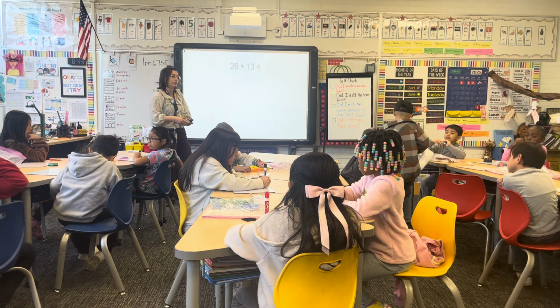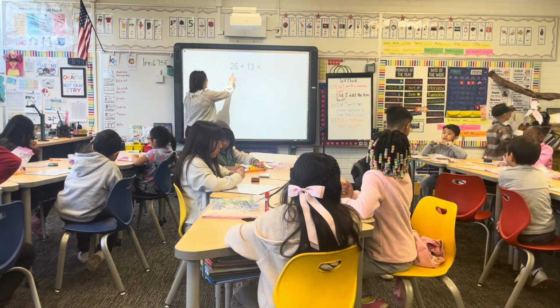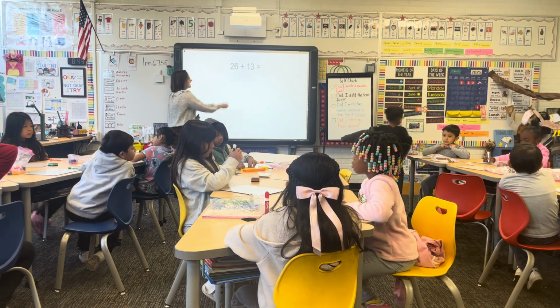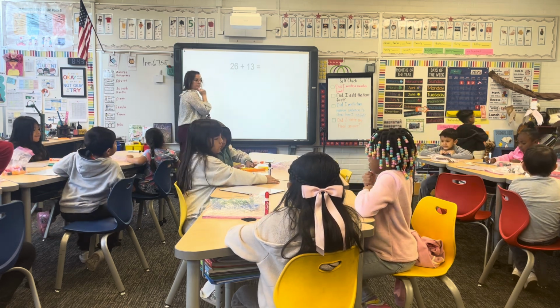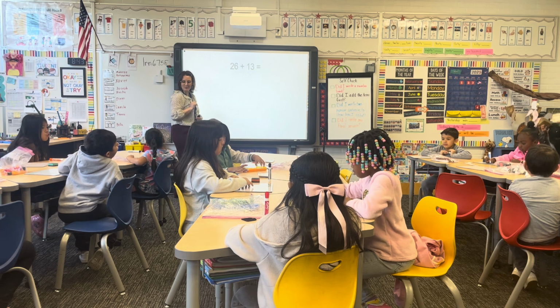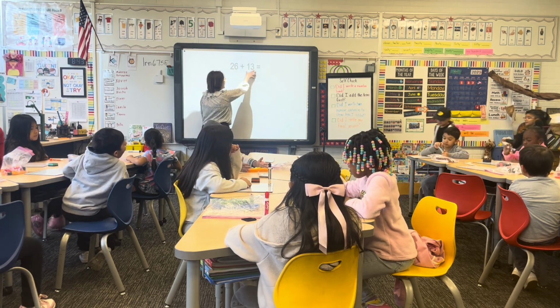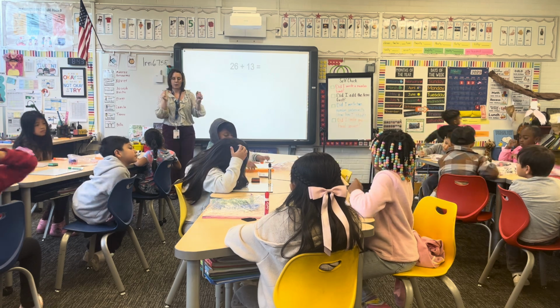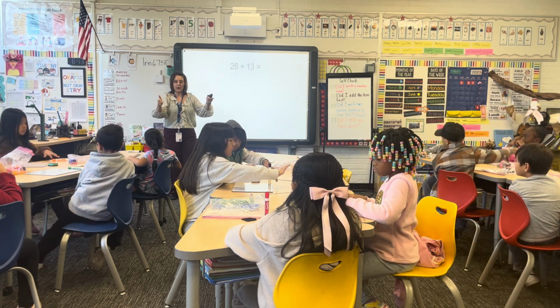You're going to use your cubes to build 26 plus 13. Underneath 26, build 26 with your cubes, and under 13, build 13 with your cubes. Independently, okay? Ready, set, go.